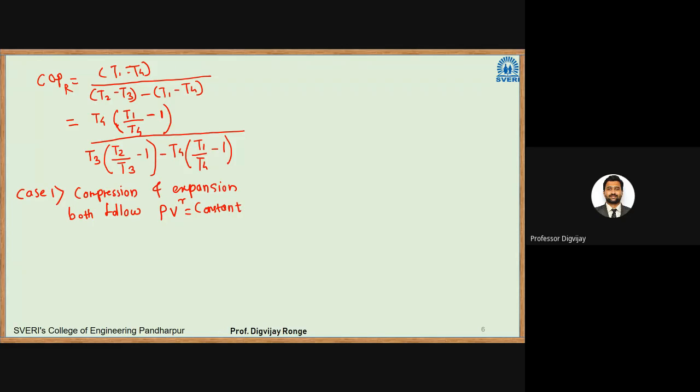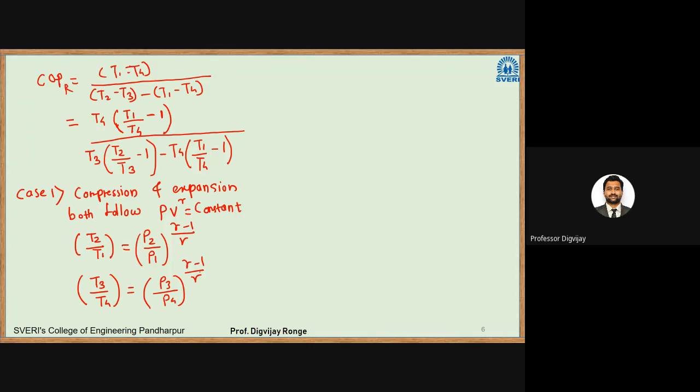Now in case of isentropic processes, we have an advantage. I can write T2 by T1 is equal to (P2 by P1) raised to (gamma minus 1) upon gamma. Again, I can write T3 by T4 is equal to (P3 by P4) raised to (gamma minus 1) upon gamma.